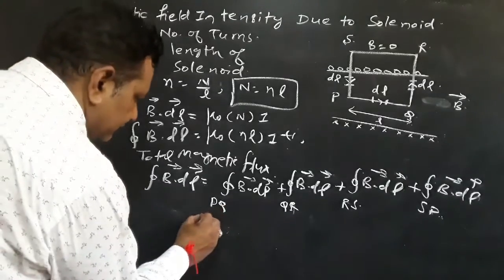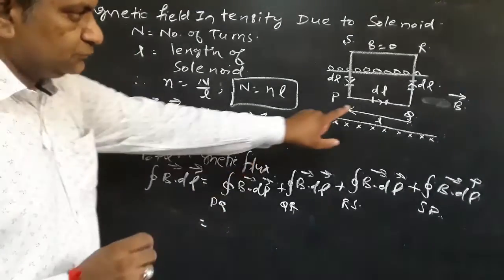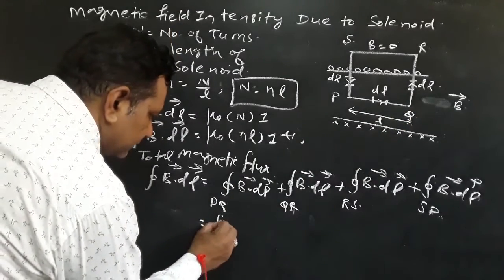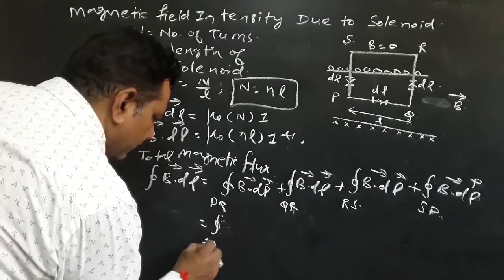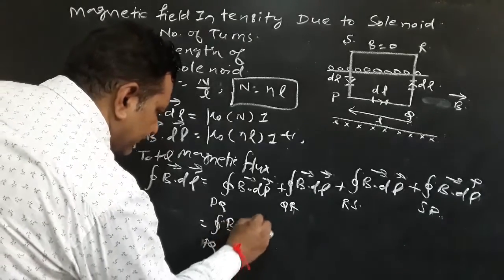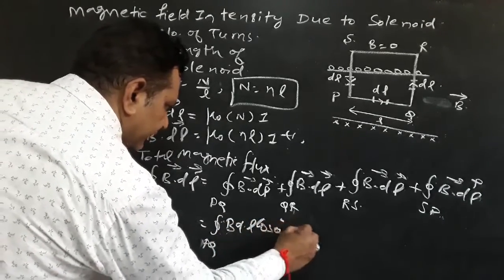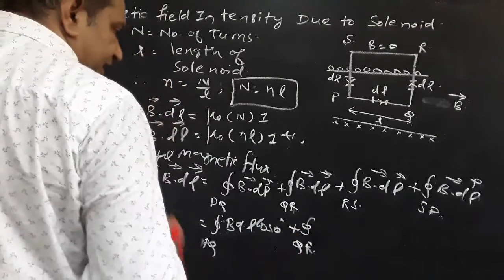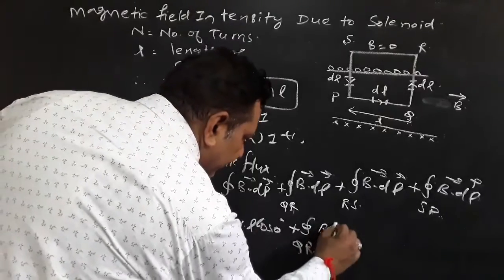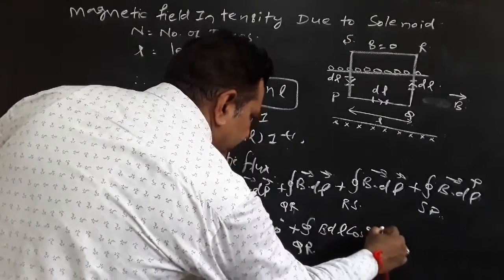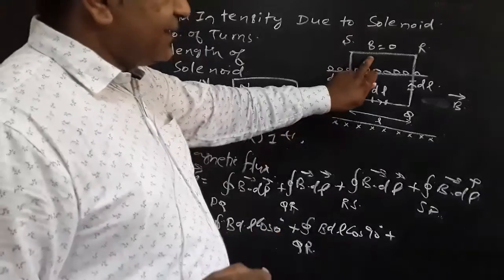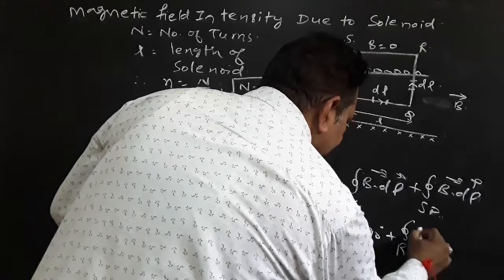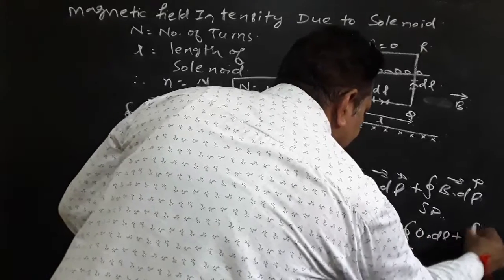Now for PQ, the direction of dl and the magnetic field is the same. So we can write for PQ, B into dl cos 0. For QR we can write B into dl cos 90. For RS the magnetic field is 0, so for RS, 0 dot dl.